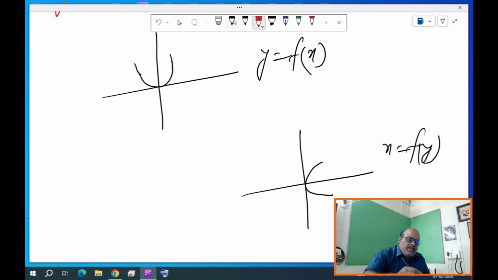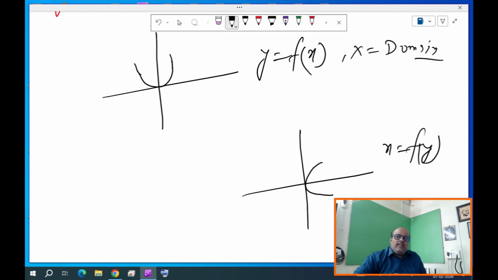Here the x-axis is the domain, and here the y-axis is the domain. In the earlier definition, when the domain is the x-axis we chose the line parallel to the y-axis, and when the domain is the y-axis, parallel to the x-axis, correct?